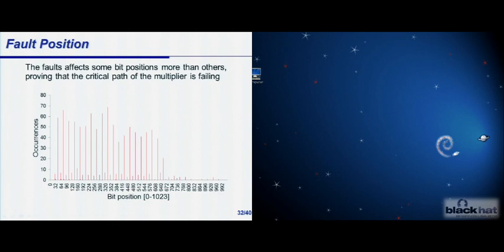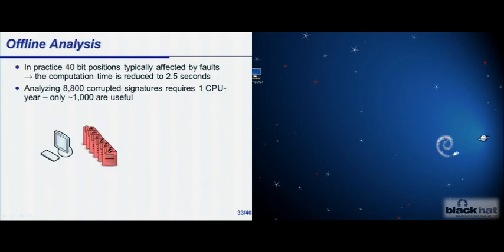We check only 40 positions, the good ones. And that way, we could take 2.5 seconds per check. That requires that you spend some time analyzing what you got first. But every type of multiplier, every type of microprocessor will show some repetition in this. There are positions that are more faulty than others.